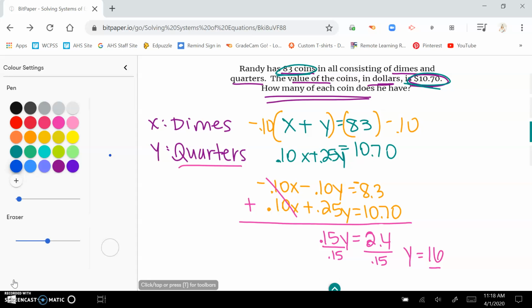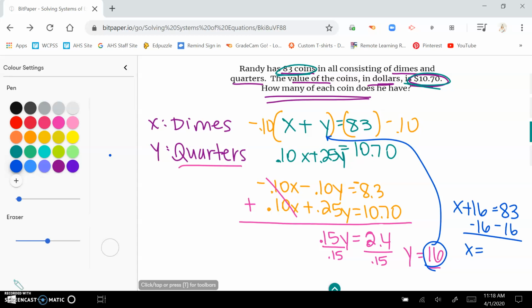Now I need to find the other piece. They wanted to know how many of each coin we have. So now I need to figure out the number of dimes. To do that, I'm simply going to take my 16 and plug it in for y into the first equation. I use the first equation because it's just x plus y, so it makes it very easy: x plus 16 equals 83, minus the 16, and I see that x will be equal to 67.